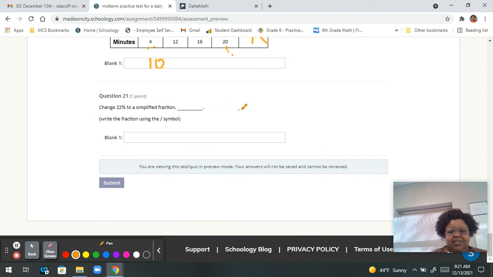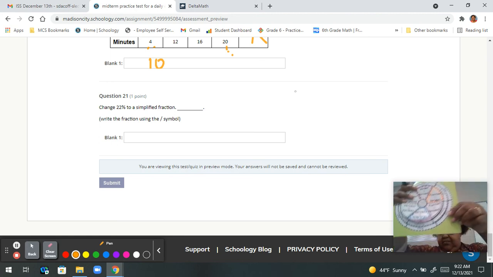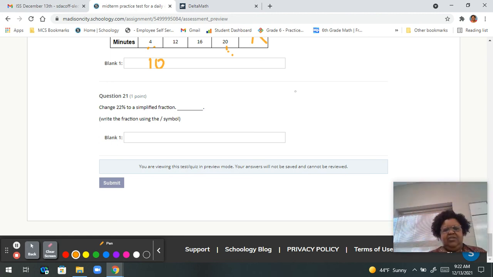Change 22% to a simplified fraction. We are almost done, y'all. So remember, percent to fraction at the bottom here. It says just take your percent and put it over 100 and then simplify.